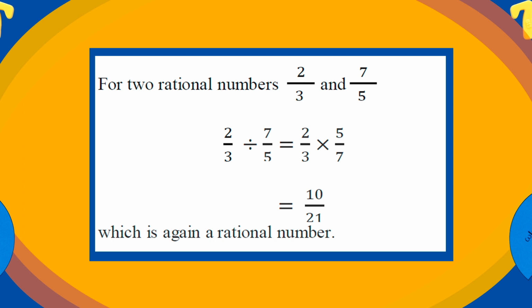If you take 2 by 3 divided by 7 by 5, the operation becomes 2 by 3 into 5 by 7, that is equal to 10 by 21, which is again a rational number.